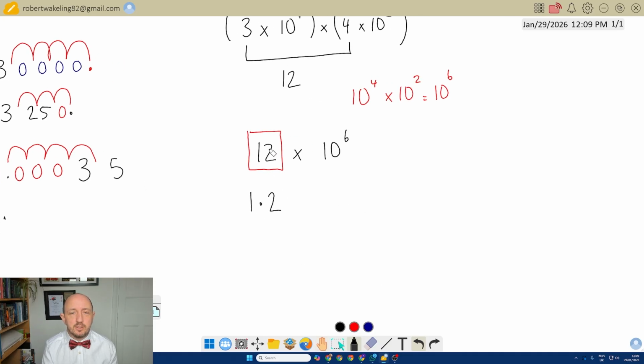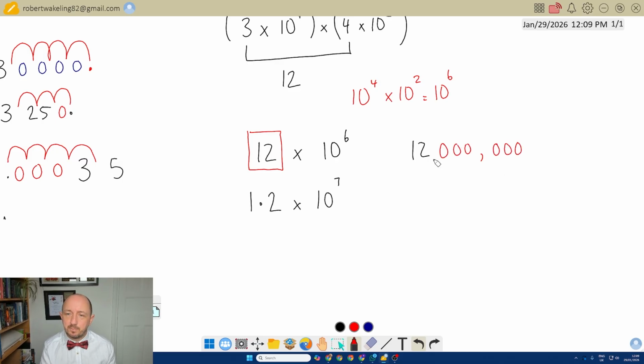But when you divide this by 10 and make it 10 times smaller, we have to make the power 10 times bigger, and that will increase this by 1. Okay, so let's just have a look at 12 and then 10 to the power of 6. 1, 2, 3, 4, 5, 6.